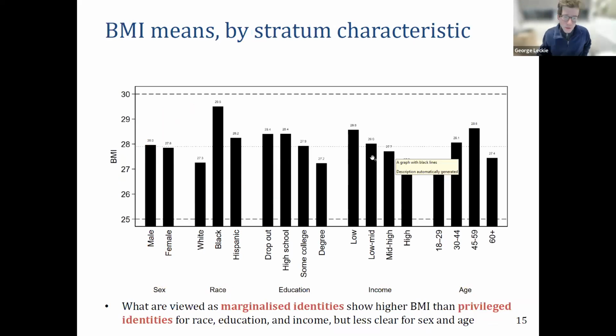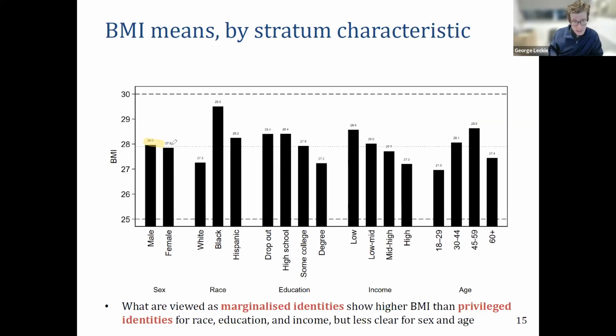We now have the same 5 variables on the x-axis and all the categories again, but on the y-axis, rather than saying what percent of individuals are in each category, I've now got the outcome, body mass index. So we now have the mean BMI in each category. Here's our first sighting, really, of the nature of inequalities. For gender, mean BMI is very similar.